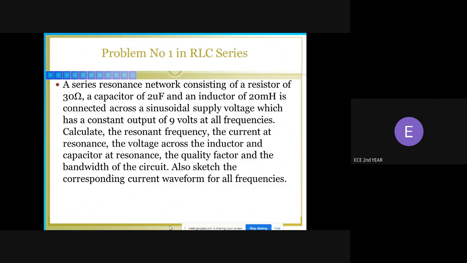We need to calculate the resonance frequency, the current at resonance, the voltage across the inductor VL and the capacitor at resonance, the capacitance value C at the condition of resonance, the quality factor, and the bandwidth of the circuit. Also, sketch the corresponding current waveform for all frequencies.